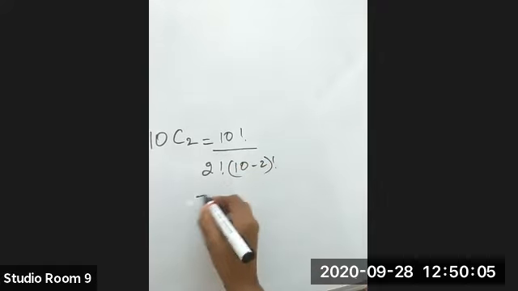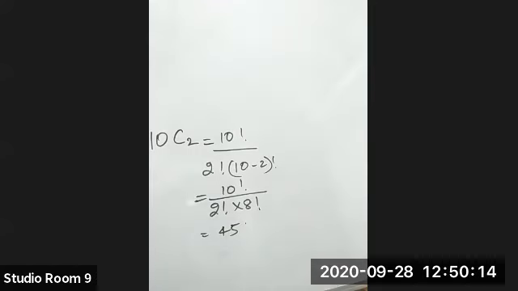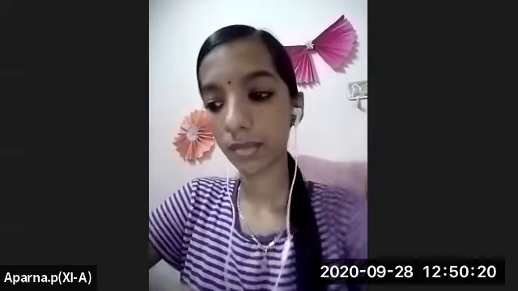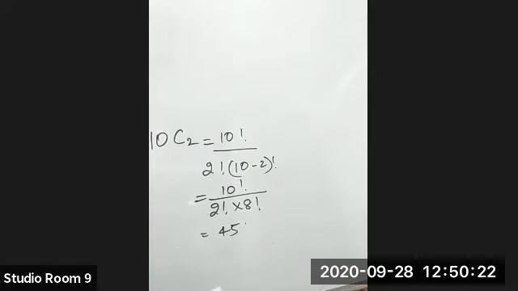10 factorial by 2 factorial into 10 minus 2 factorial. So it is 10 factorial by 2 factorial into 8 factorial. So you'll get 45. Aparna, are you getting 45? Yes, ma'am. The previous question is 10C8. For 10C8, what is the answer you got?